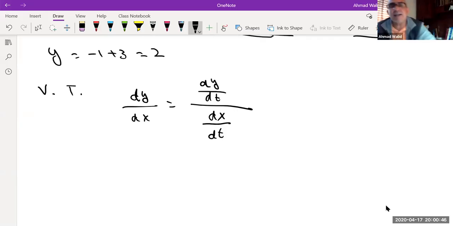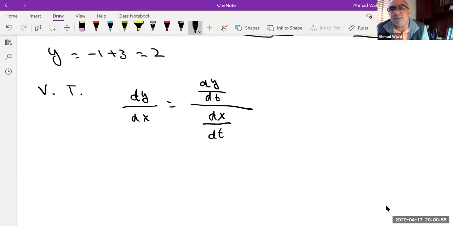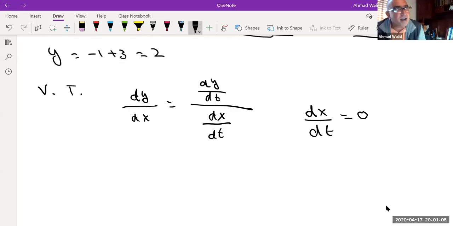When I get a vertical line, it's undefined. When it's undefined, excellent, it means dx/dt becomes equal to 0. When your denominator is 0, remember you have a vertical asymptote at that point?